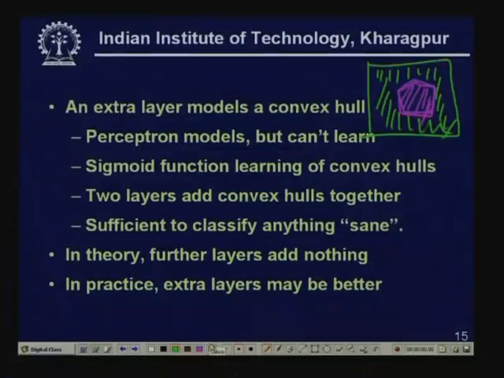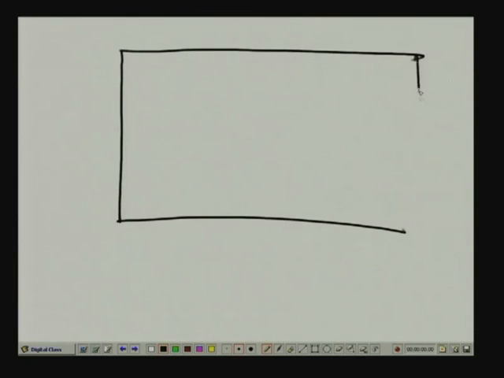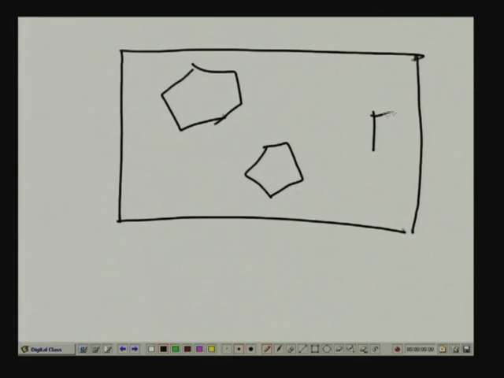For example, suppose we have a problem, let me just take a white paper. Suppose the positive region is made up of a number of convex hulls. This is the positive region given in pink, and the rest of the region is negative, given in green.